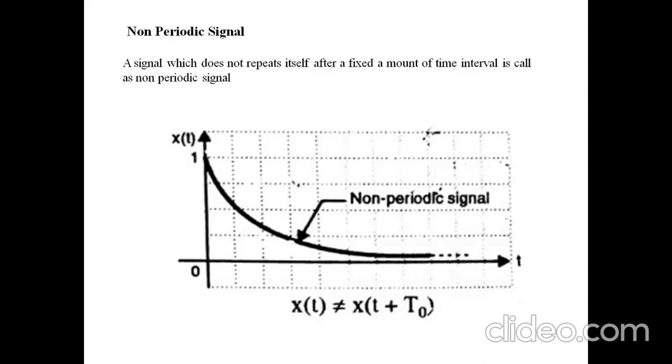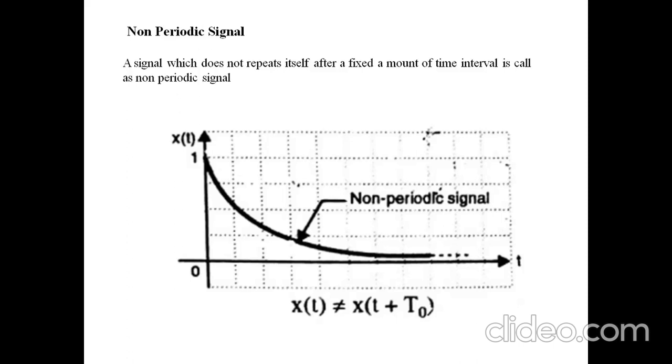It is a decreasing exponential signal, with initial amplitude nearly equal to 1 and reaching 0. This signal is not repeating after some interval of time, so we say it is a non-periodic signal.